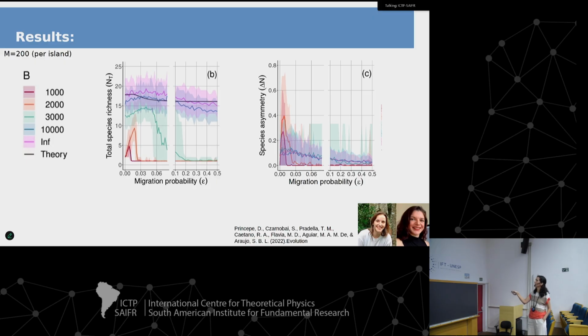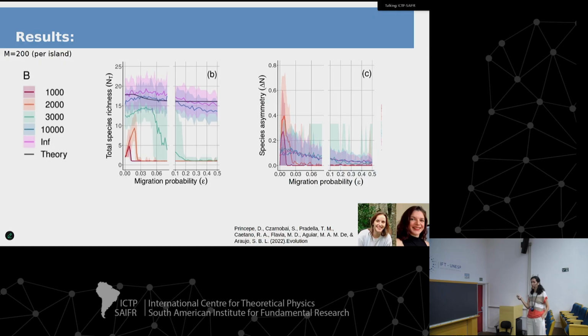And also another way to see this is how that asymmetrical pattern is related to this speciation here. And we saw that, in fact, this asymmetry is just the difference between the number of species from one island relative to the other island, and we have this as a guide of this speciation.